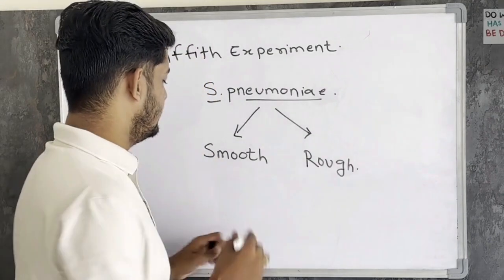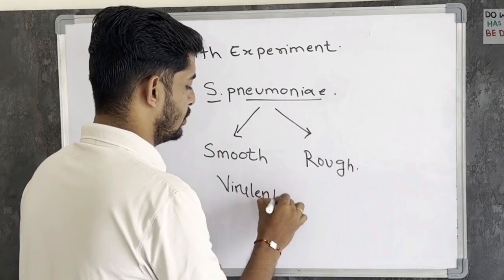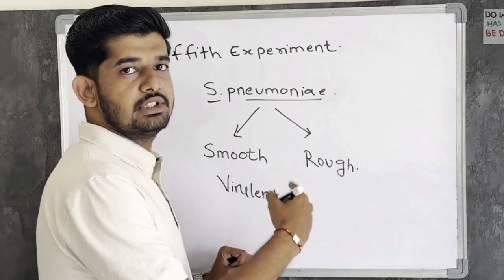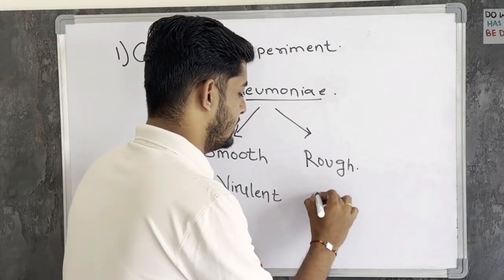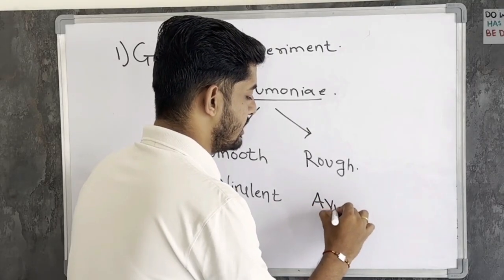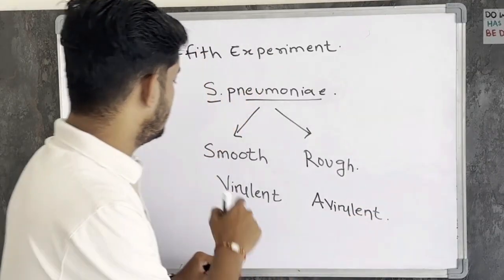So this smooth colony was virulent. It was able to cause pneumonia in the organism which it infects. And this rough colony does not have the ability to cause pneumonia, so it is called avirulent.